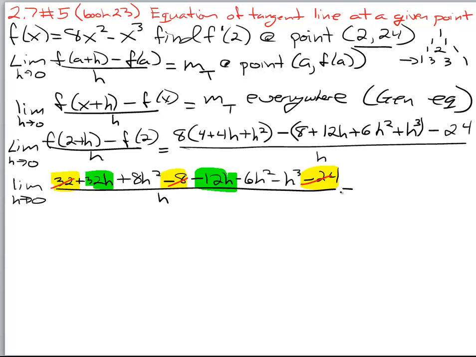So that's going to be 20h. We have 8h squareds and negative 6h squareds. So that is plus 2h squareds. And then we have this minus h cubed left, still all over h.